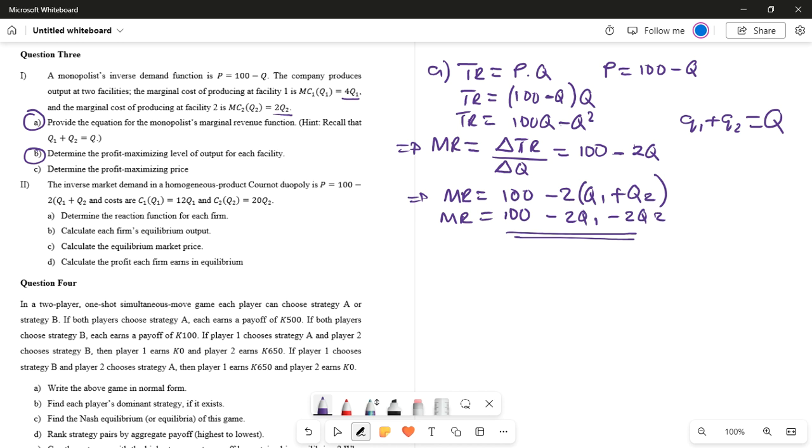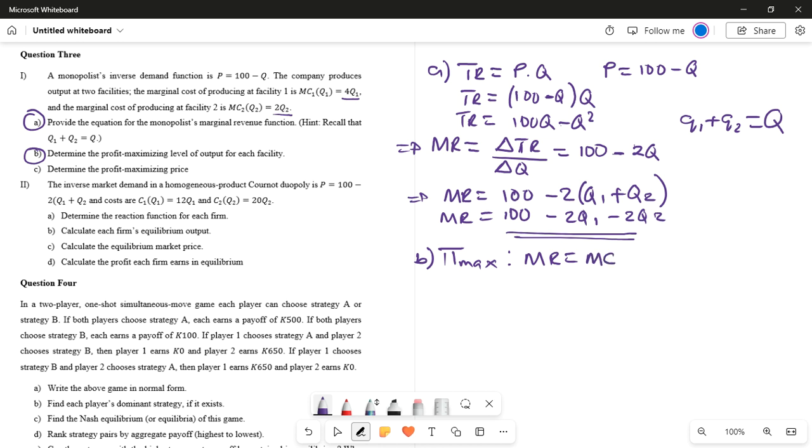Now with part B, the question is saying determine the profit maximizing level of output for each facility. What we know is that profit is maximized at a point where marginal revenue is equal to marginal cost.